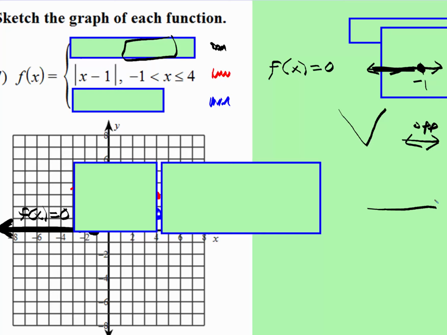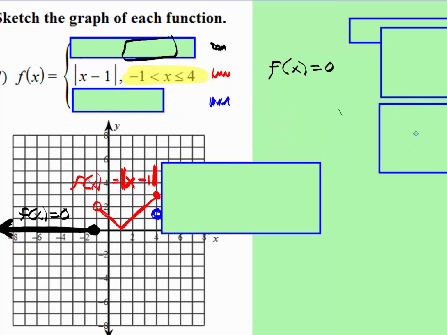So if we are on the number line, instead of the V looking like this, it would be shifted over like that. All right, and the only part that we have to care about is what that graph looks like between -1 and +4. So there we have it.